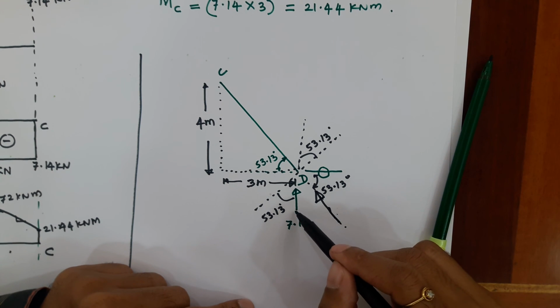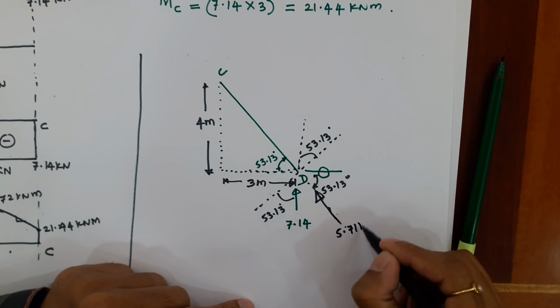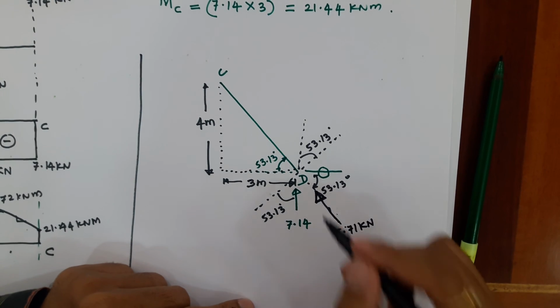So 7.14 sine 53.13 becomes 5.71 kilonewton in this direction.